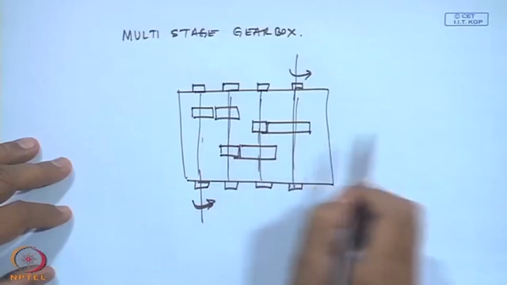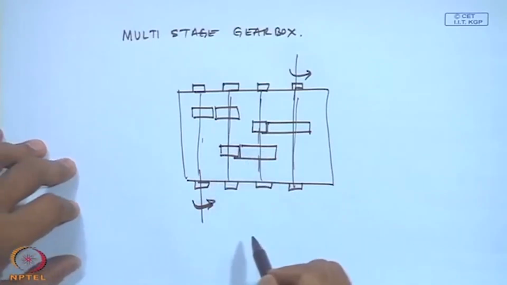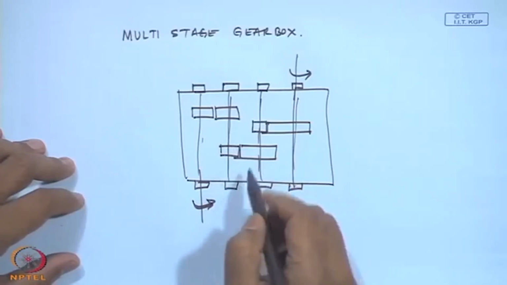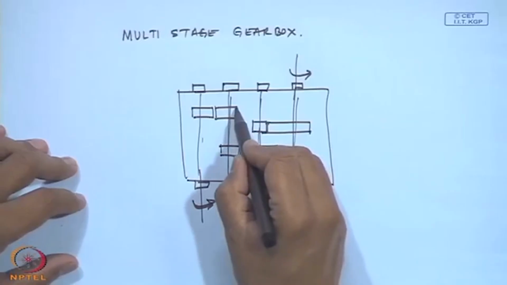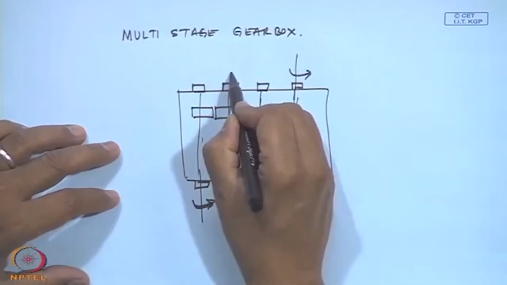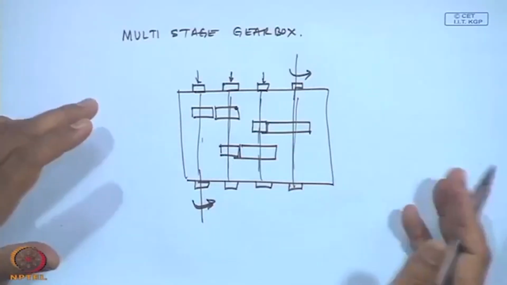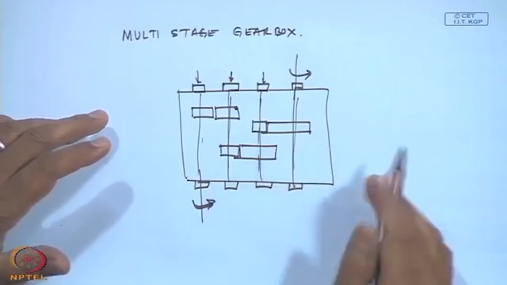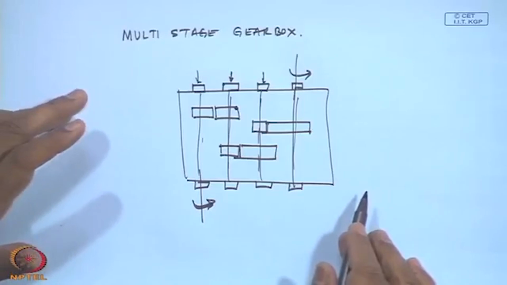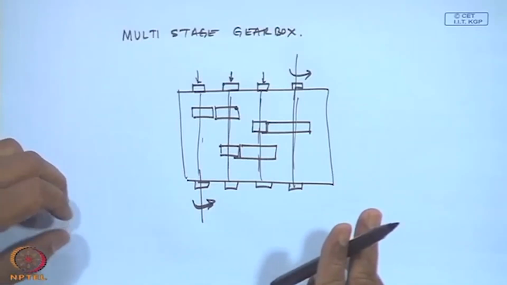So, the speeds of these intermediate shafts sometimes are not known, because I do not know the gear ratios. And there could be a problem of unbalance here, because one tooth broke, it fell, it created an unbalance, but I can put an accelerometer here and measure. So, if I do not know the right rotational speed, I am not able to pinpoint which shaft is having an unbalance. So, these are the problems associated with unbalance.